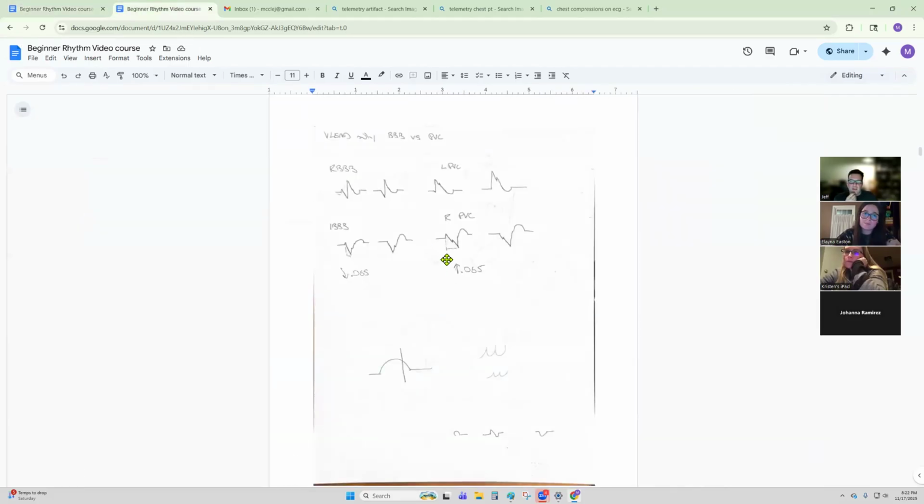When you measure the nadir, I'm looking at my pointy top right there. Just as the activation of the QRS leaves the baseline, you're going to put one line there. And when I say line, I'm talking about the electronic calipers, right? You're going to put one line at the beginning of the QRS, and then the other line at the bottom point of the R wave, right down here.